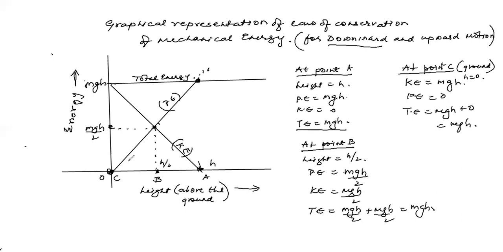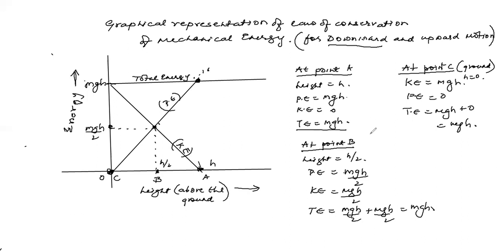So the kinetic energy here is mgh, correct? And the potential energy is zero, so the total energy is mgh plus 0, which is mgh. So again, graphically we see the total energy during the motion always remains the same. That is, mechanical energy is conserved, but again, I'll tell you, provided the force of friction is zero.